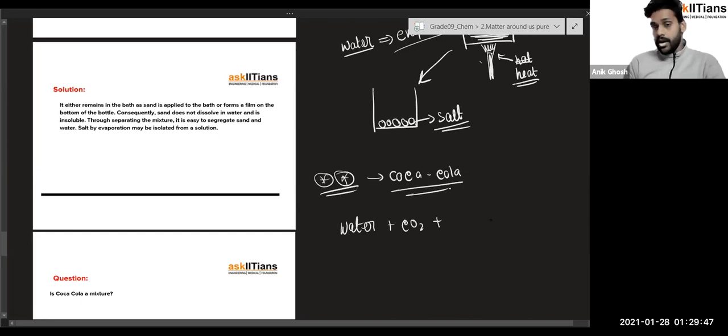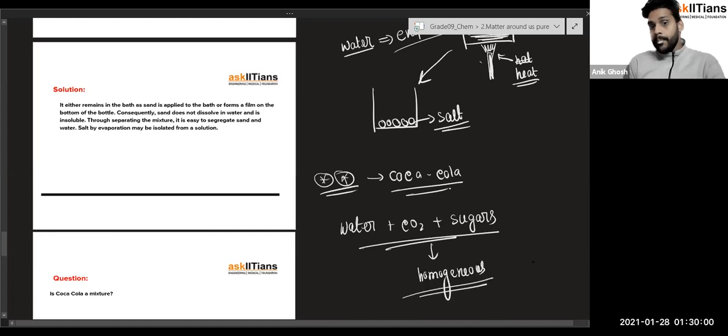So it is a homogeneous mixture. Wherever we see a homogeneous mixture, we can call it a solution, right? So for that reason, Coca-Cola is a solution.